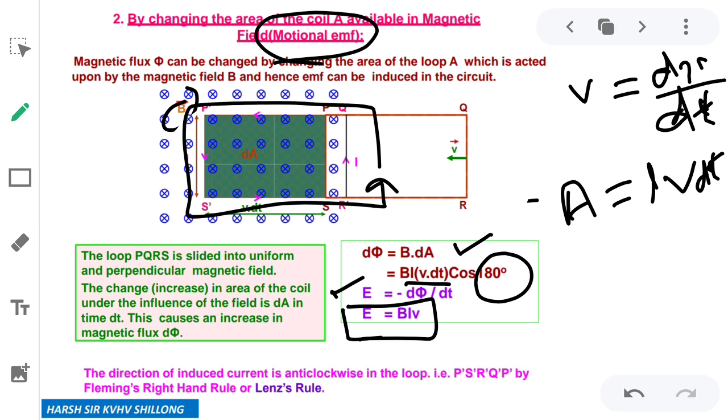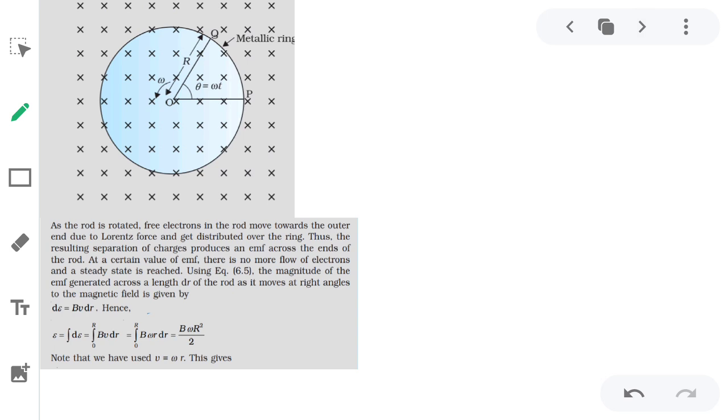There is one more method, one more condition for motional EMF. That is a part of an example in your NCERT that I have explained here. Here, instead of taking a rectangular loop, we have taken a rod, that is the OP rod, a metallic rod.